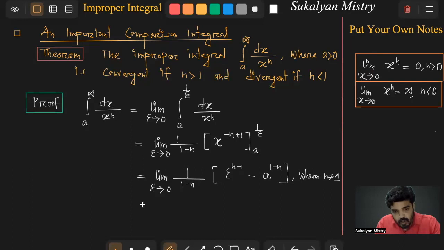So we can write, so this equal to, so limit, দেখো আমি যদি n minus 1 is greater than 0, ঠিক, তাহলে এর ভ্যালুটা কি হবে, just see, apply this: limit x tends to 0 x to the power n is 0 if n is greater than 0. So if n minus 1 is greater than 0, ঠিক, that means n greater than 1, then value of this is equal to 0, okay.